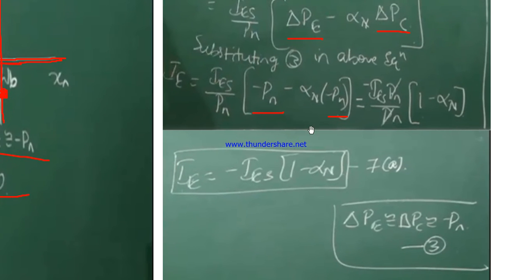After substituting minus Pn for delta PE as well as delta PC, if I take minus Pn as common, we get minus IES Pn by Pn times 1 minus alpha n as the left out part inside. So this Pn will get cancelled. The equation is IE equal to minus IES times 1 minus alpha n. So that is the equation for IE.